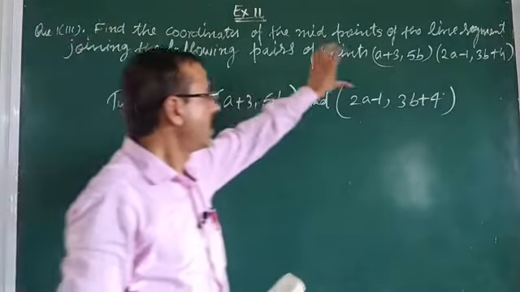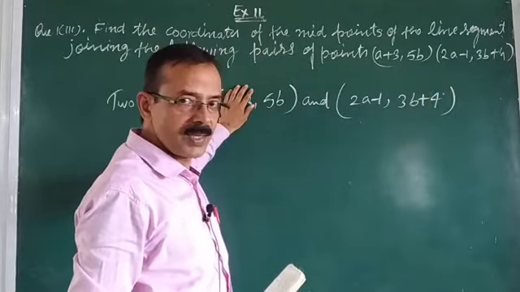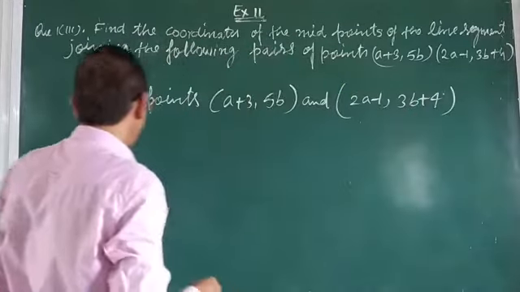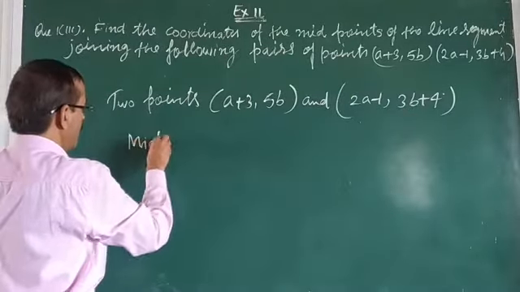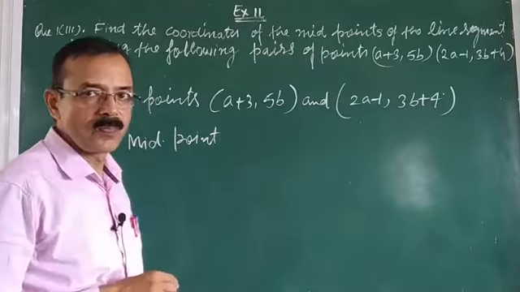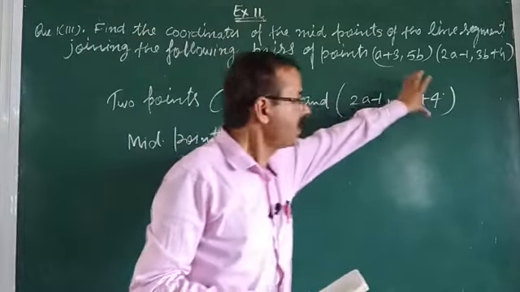Suppose this is x1, y1 and x2, y2. To find the midpoint, what was the formula? The formula was (x1 plus x2) upon 2, sum of abscissa upon 2, sum of ordinate upon 2.